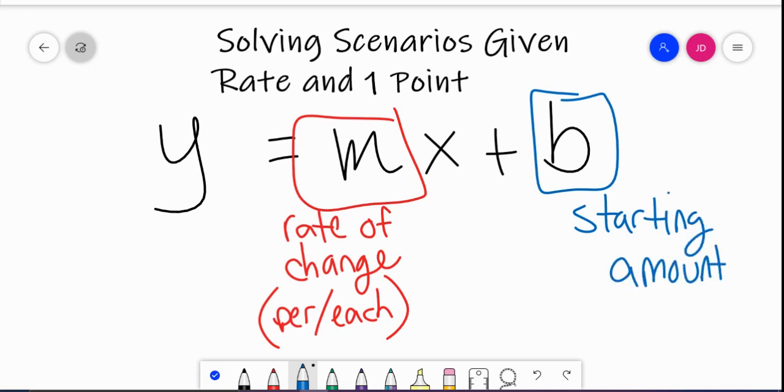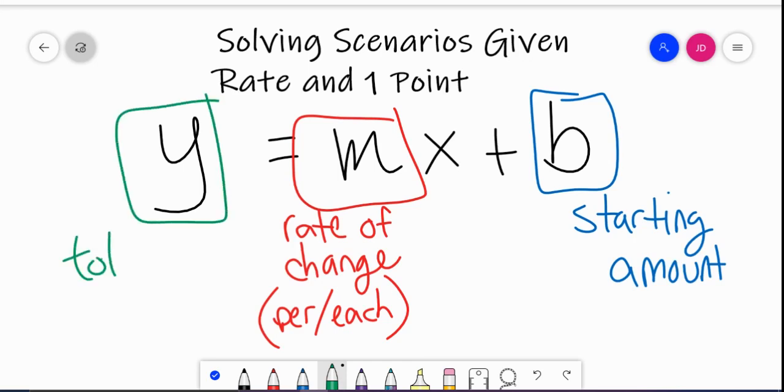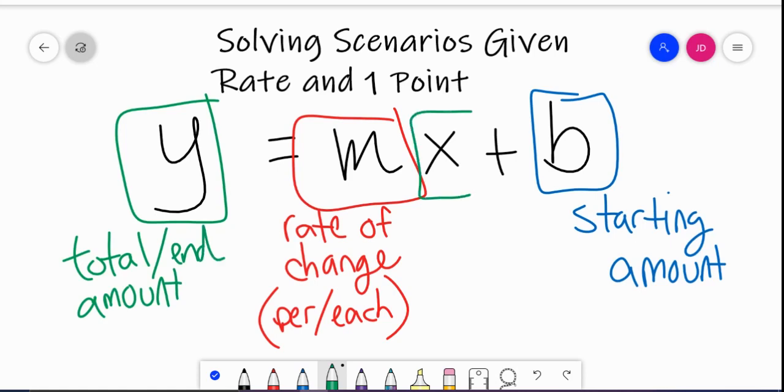The y is going to be our total amount, or end amount, let's say, total or end amount. And the x is going to be the number of units related to our rate.